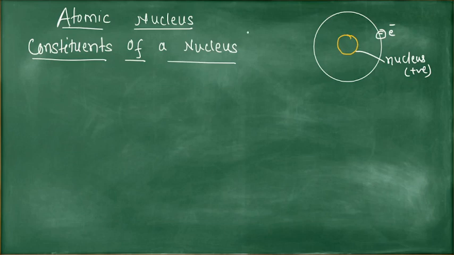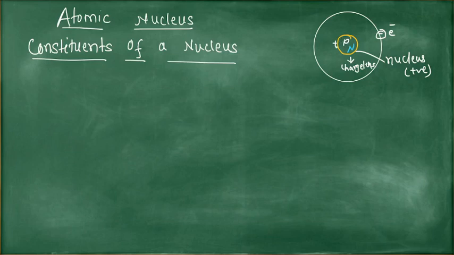What are the constituents of the nucleus? Protons and neutrons. Protons are positively charged particles while neutrons are chargeless. So this massive part becomes positively charged. There is no charge on a neutron and positive charge on a proton.